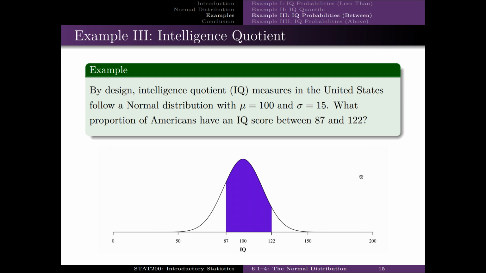For calculating cumulative probabilities, it's got to be in the form of less than or equal to's. So I can do less than or equal to 122, but that covers everything here, not just what we want. But notice that this region is less than 122 minus less than 87.